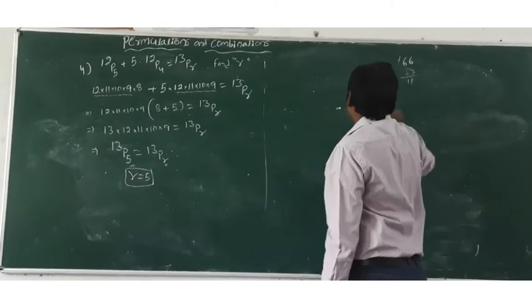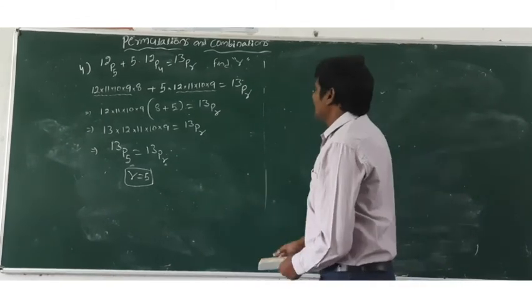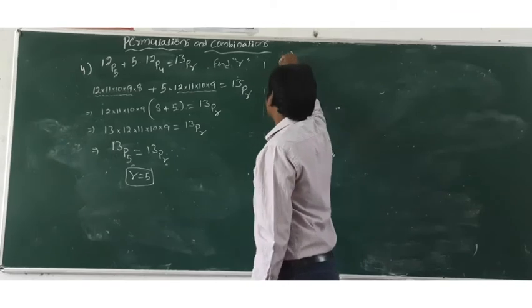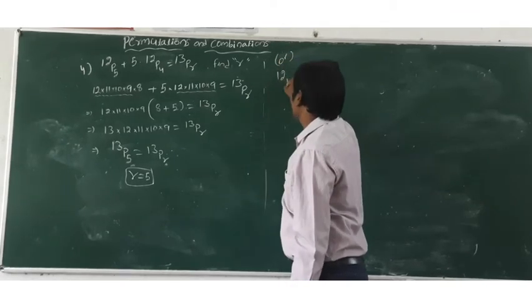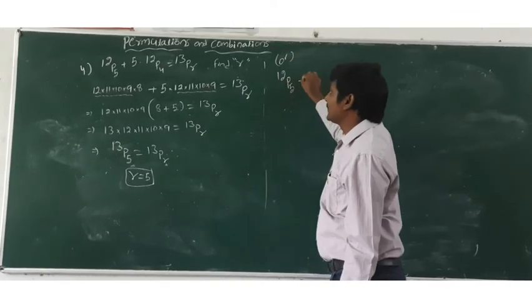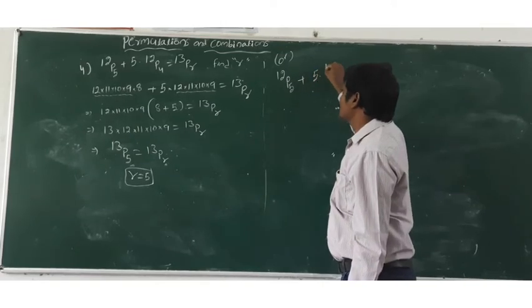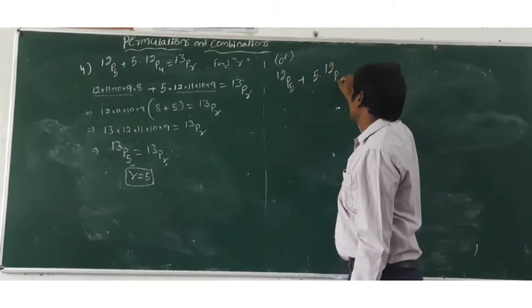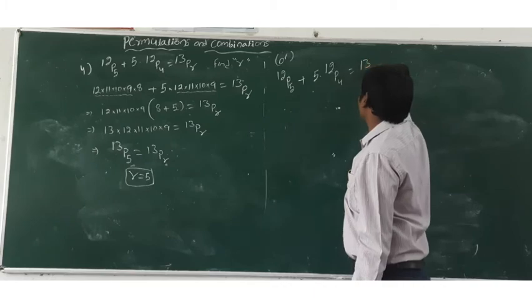You have another method also there. Another method: we have given 12P5 plus 5 into 12P4 is equal to 13Pr.